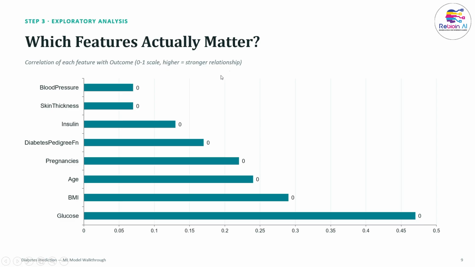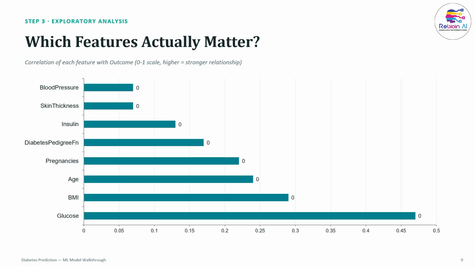Higher equals a stronger relationship. So here is our scale: 0, 0.05, 0.1, 0.15, 0.2, 0.25, 0.3, 0.35, 0.4, 0.45, and 0.5. Here we can see glucose is 0.47. That lines up perfectly with the medical reality that diabetes is literally diagnosed based on blood glucose levels.